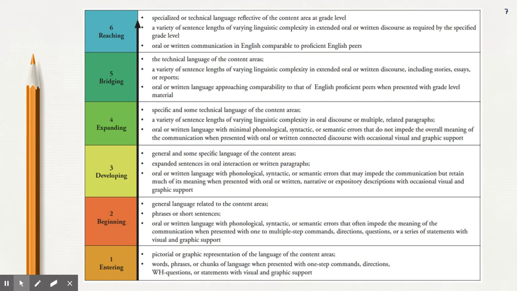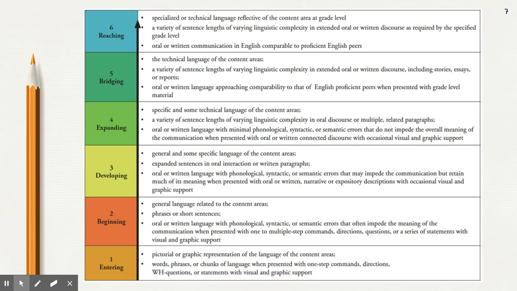And this is just an example of the type of language that a student can produce at each of the levels. So, for example, pictorial at level 1, pictorial or graphic representation of language in the content areas. Words, phrases, chunks of language. So we've got words, phrases, small bits of language at level 1.